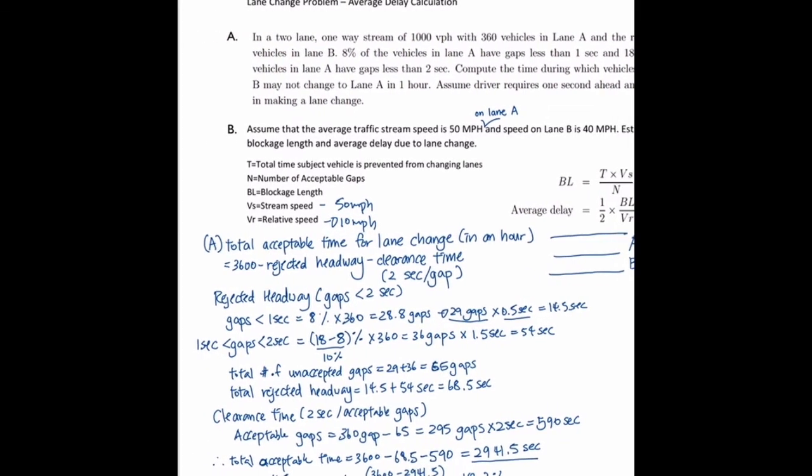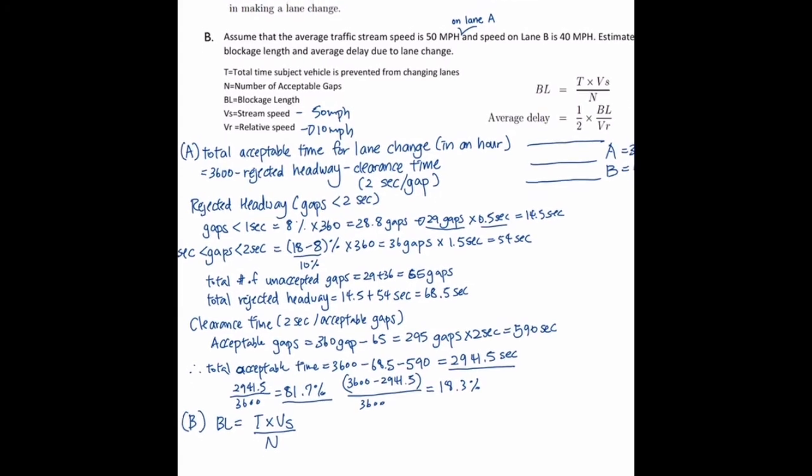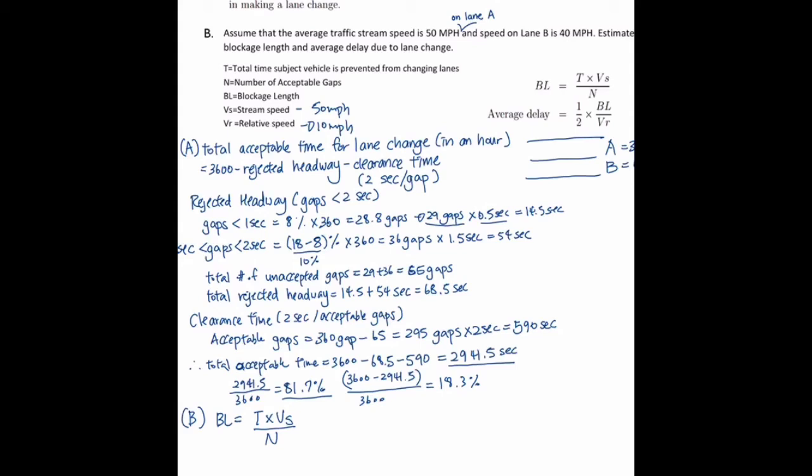So let's calculate this. For B, first I'm going to calculate blockage length, which is T times Vs divided by N. We already calculated all this earlier. T is the total time the subject is prevented from changing lanes.